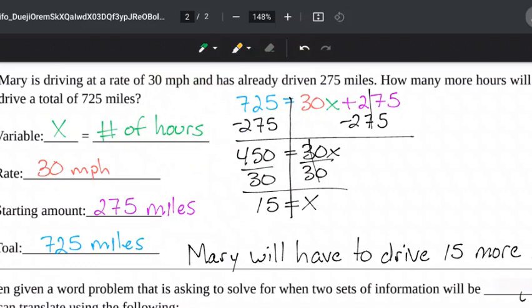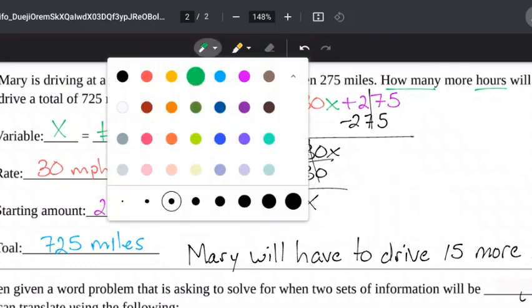All right, welcome back. So check out your answer. Mary is driving at a rate of 30 miles per hour and has already driven 275 miles. How many more miles will it take to drive a total of 725 miles? So again, that question, how many more hours? So that is why x is number of hours. Then we have our rate.